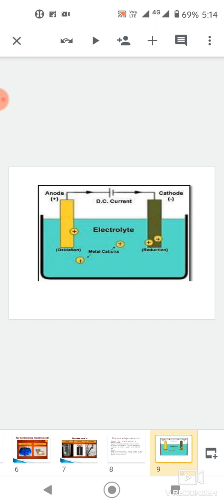The principle of electroplating is based on Faraday's laws of electrolysis.